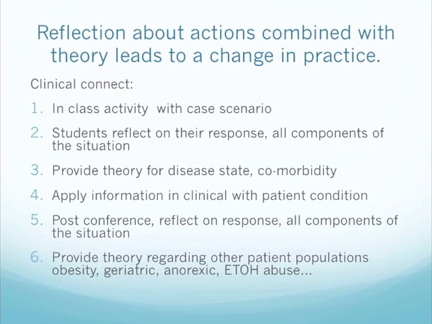How would we manage it differently if that patient had issues with anorexia or alcohol abuse or substance abuse, so that we would be able to figure out what's going on with each patient who has MS, and the similarities and differences associated with that. That reflection is really necessary for the nursing students to change their practice and apply their theory across the board.